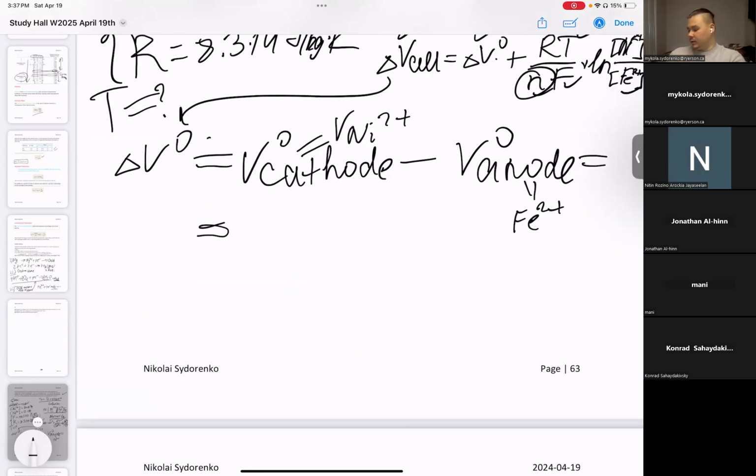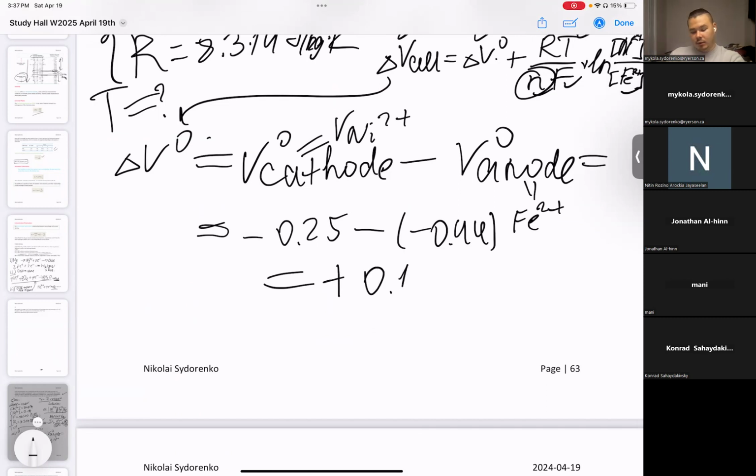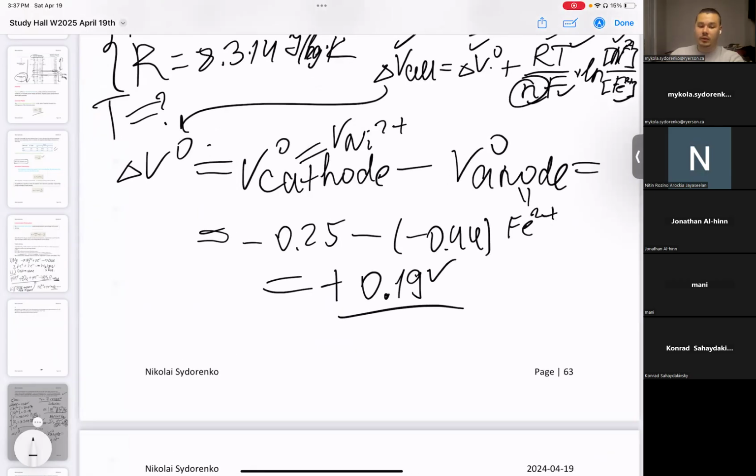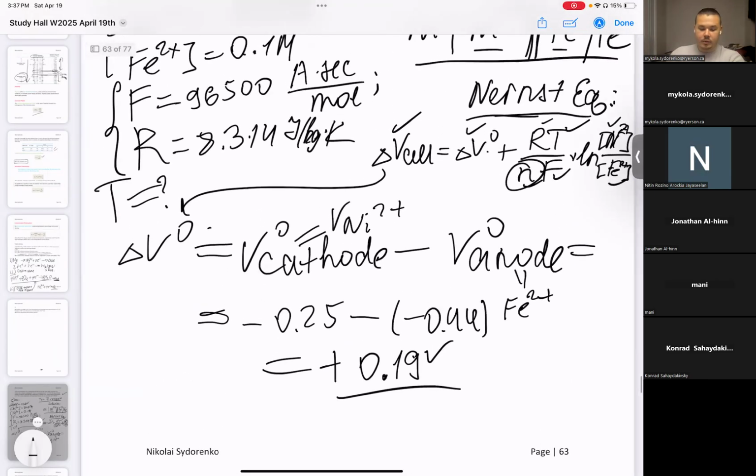The signs are very important. You get minus 0.25 minus minus 0.44. If you forget the sign, you're going to get a different value. So for us, 0.19 volts is the amount of volts that we need to pass through the elements only to sustain some corrosion reaction.